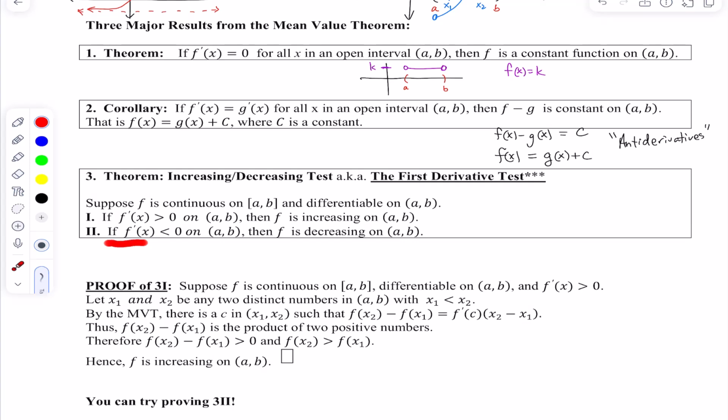If the derivative evaluated at all those x's is less than 0 on an open interval AB, then f is decreasing on that open interval AB. So you could write this in symbols if you wanted to help save yourself some time.